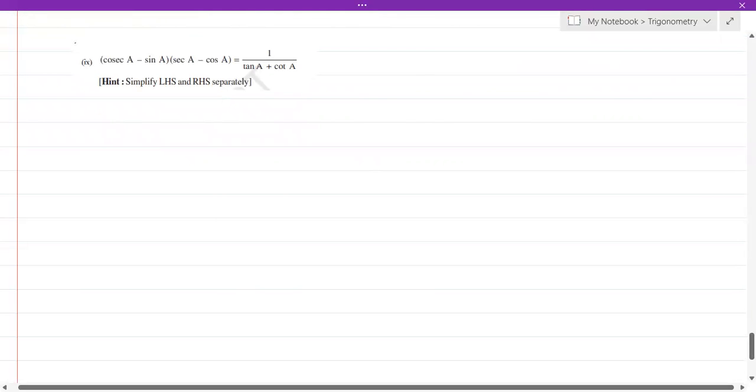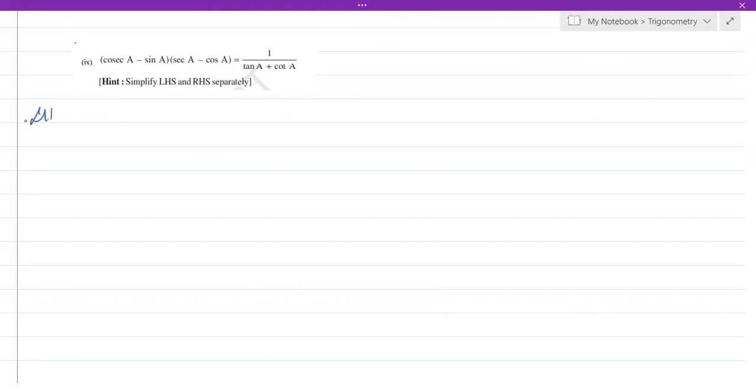So again, let's take the LHS, and they have given us the hint that we have to simplify LHS and RHS. Now let's take the LHS, which is (cosec A minus sin A) into (sec A minus cos A).